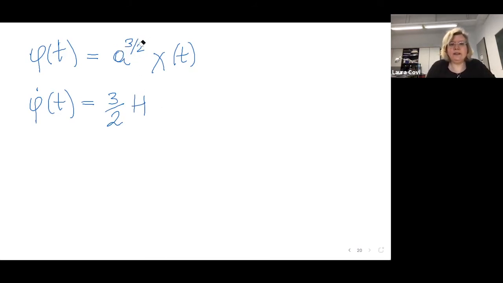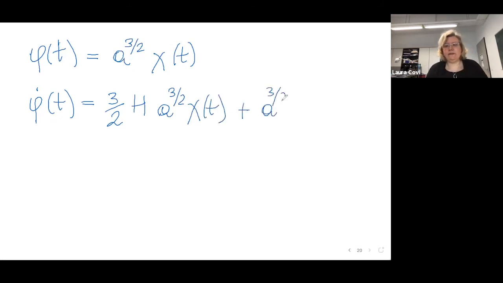So you have derive a 3/2, then you have a to the 1/2, but then you can write the derivative as a dot over a. And then you have, of course, this a to the 3/2 chi dot. Then you can take the second derivative.